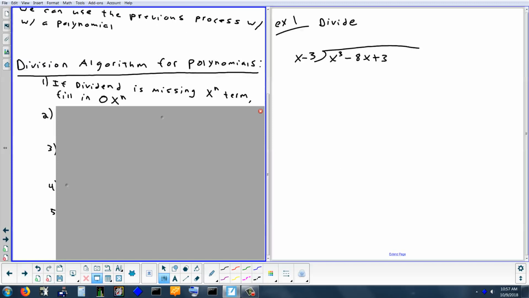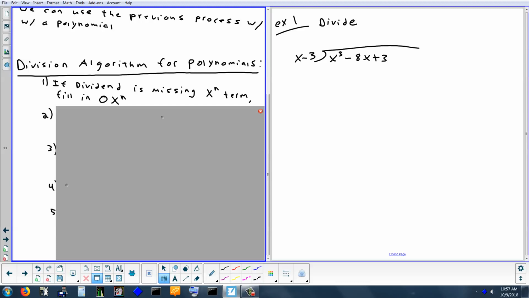All right, so the first thing is, if the dividend, or the thing that's under the dividing symbol, is missing a term, we need to fill in a 0 for that term, because we want to keep things lined up in columns. So if we're missing a term, we need to fill it in. If I look at what's under the root there, I'm missing the term that should have an exponent of what?